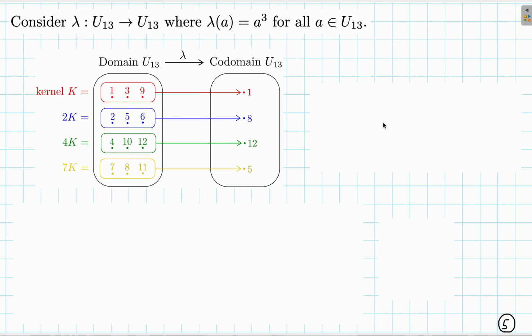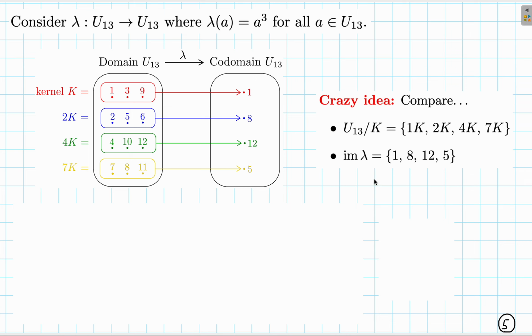So here's a crazy idea. Let's compare those two groups, the quotient group, containing those 4 cosets, and the image of lambda, containing the elements 1, 8, 12, and 5. Now, 4-element groups are small enough that we can build their group tables and see what they look like. So, are we ready? Here we go.